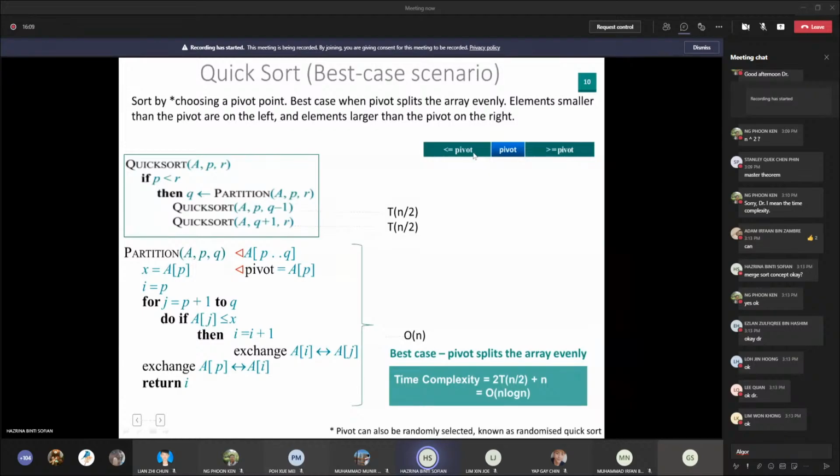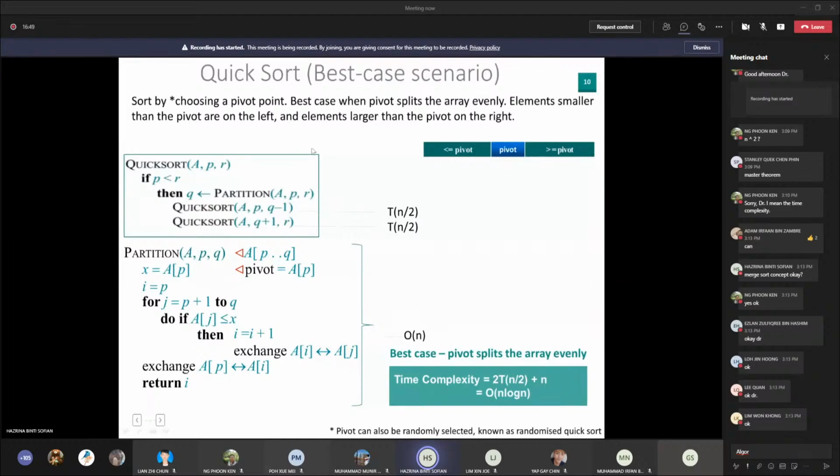Therefore, there are smaller elements on the left side and bigger elements than the pivot on the right side. Let's say we have an array of 1, 2, 3 until 9 and our pivot is 5. On our right side, the numbers are not sorted but bigger than or equal to 5. And on the left side, also not sorted yet, it can be 5 or below 5.